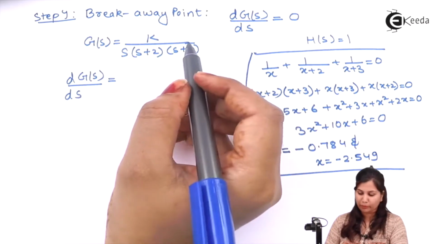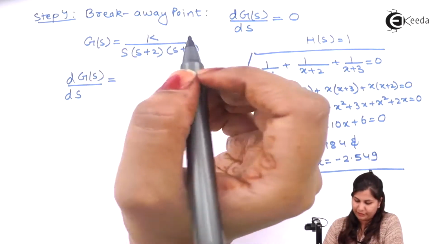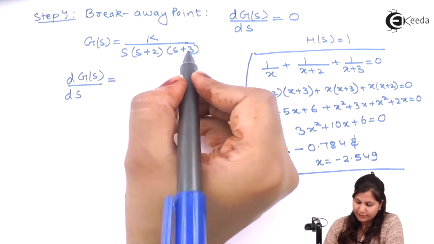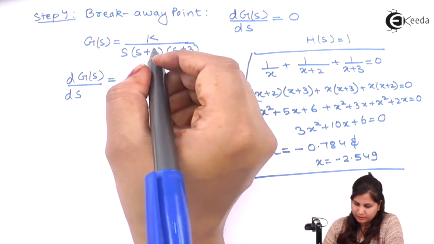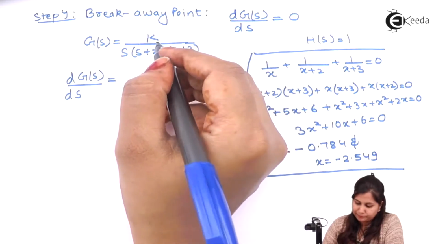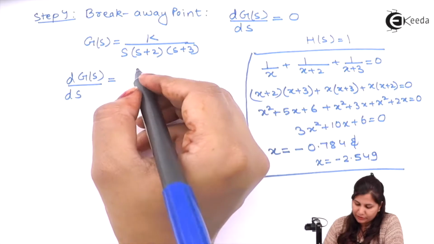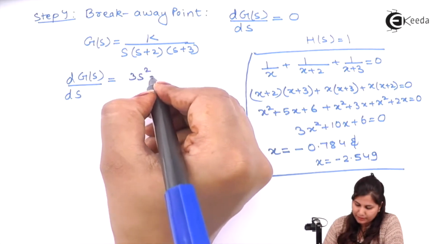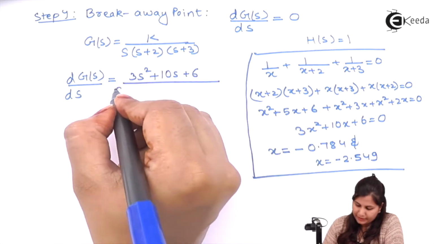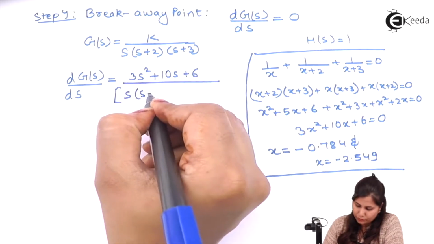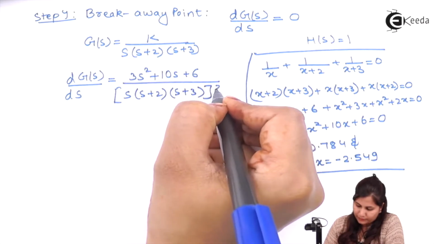Another method is to apply the differentiation formulas. Differentiation of this: K will be 0, so it will become 0, and the differentiation of this denominator equation is 3s square plus 10s plus 6 divided by (s plus 2)(s plus 3) whole square.